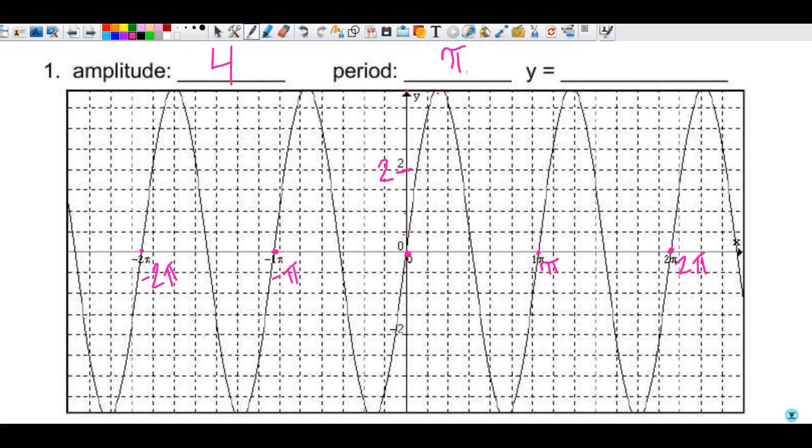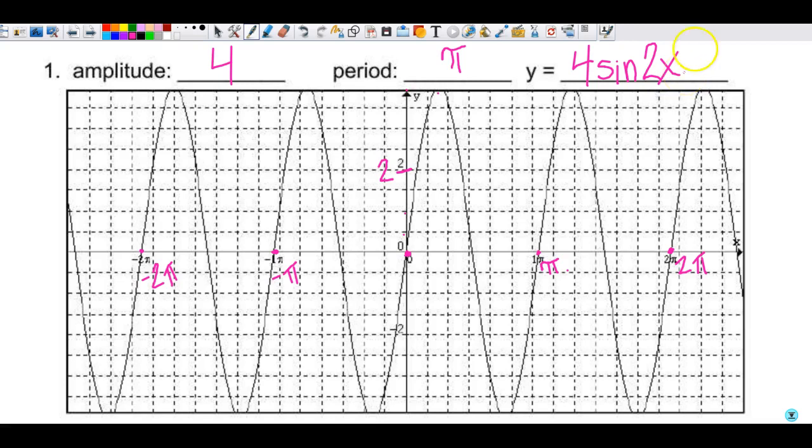Okay. And then I need to write my equation. There is no shift left or right, and there is no horizontal compression. So since I'm starting here at 0, this is a sine curve. So y equals, my amplitude is 4 times the sine of 2x. Oh, I shouldn't just give you that.